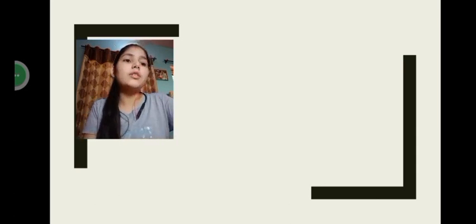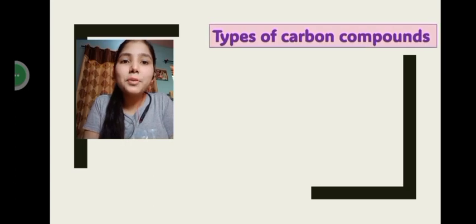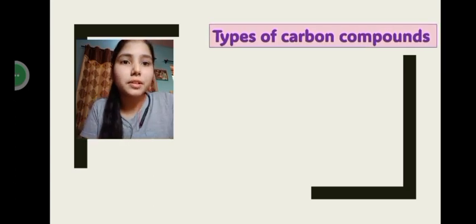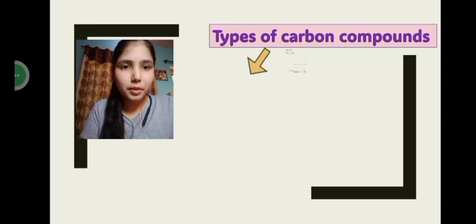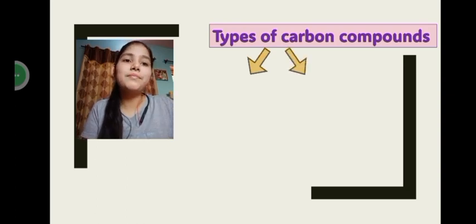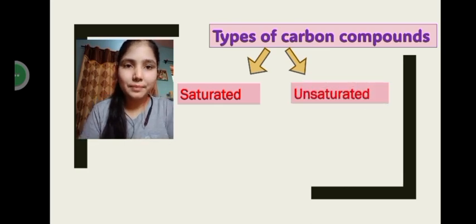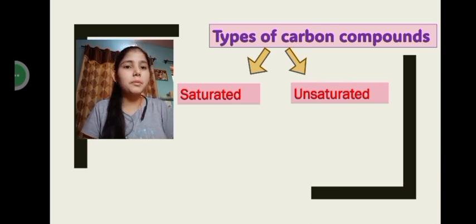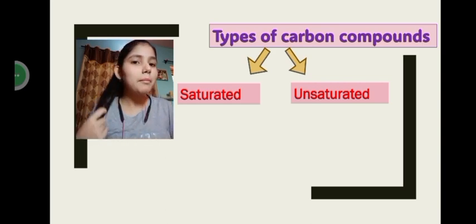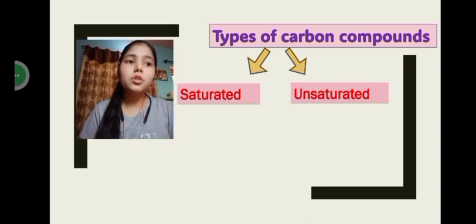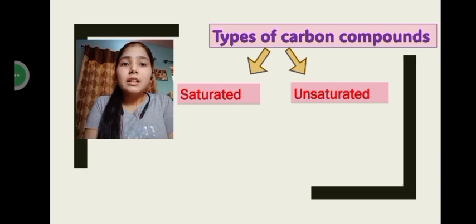Our next topic is types of carbon compounds. How many types of carbon compounds are there in total? There are 2 types: saturated and unsaturated. We discussed these terms in our 6th and 7th classes, but there it was not related to this. Saturated there meant solutions, but here they are compounds.